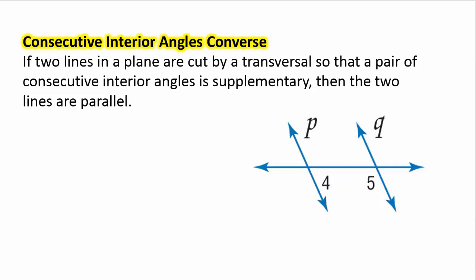Next, we have the consecutive interior angles converse. If two lines in a plane are cut by a transversal so that a pair of consecutive, or same side, interior angles are supplementary.